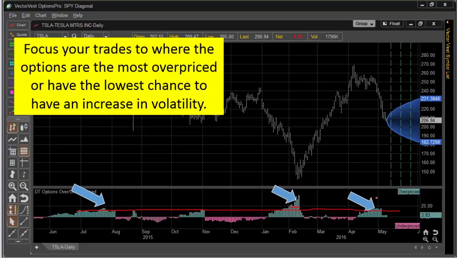So what I would want to do, I don't want to take trades when volatility's right here. That's too much room. Maybe take a trade when volatility is right here as long as you have 14 calendar days before earnings. Maybe place the trade right here and not so much right here. Maybe back here. And again, I'm looking at the actual graph of over and underpriced.